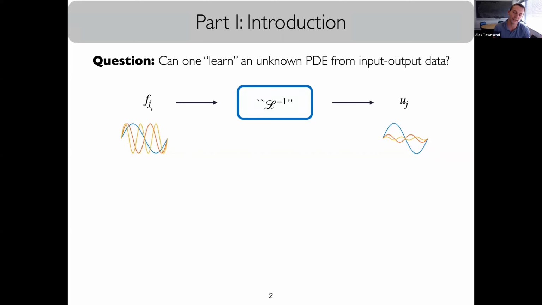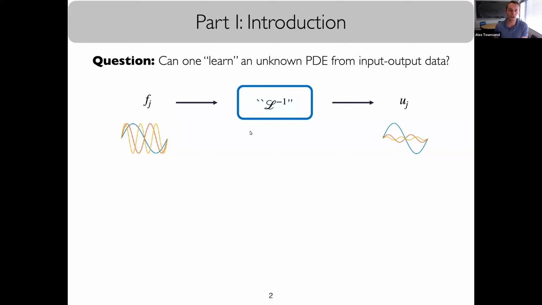In classic PDEs, this will be like the right-hand side of the PDE. And you get to witness back the solutions UJ. So you could imagine that there's some kind of solution operator, a right inverse of the PDE, that takes you from the right-hand side, the forcing F, to the system's response, which is the UJs.